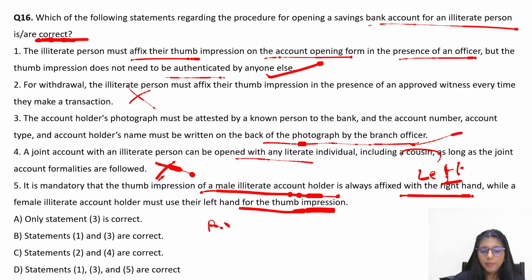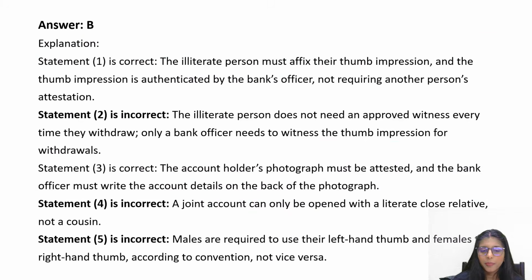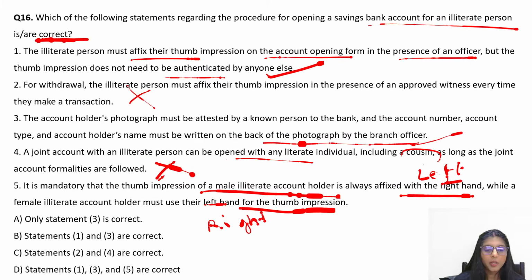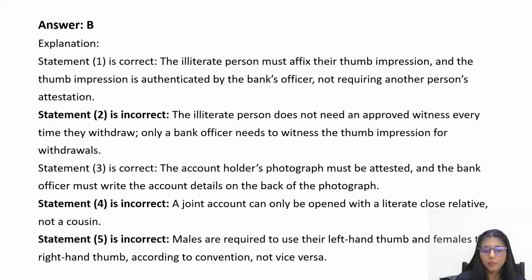So the answer will be 1 and 3 are the correct statements. So option B is the right answer. See, male use left thumb impression, female right hand thumb. Okay. Next question. Read the question.